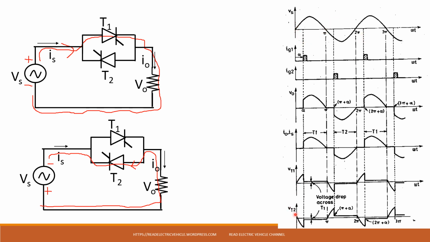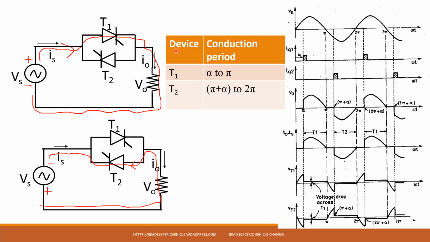So minus of this one, and when it is conducting, since both the devices are in parallel, whatever voltage you are getting here, that will be applied in this, but in opposite direction because it is connected in anti-parallel. So you can draw all the waveforms easily. This is the device conduction period. T1 conducts from alpha to pi and T2 conducts from pi plus alpha to 2 pi.